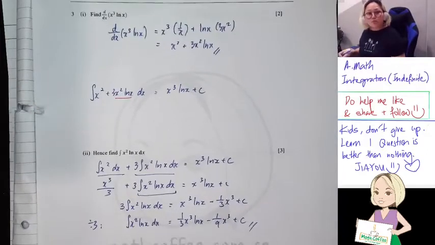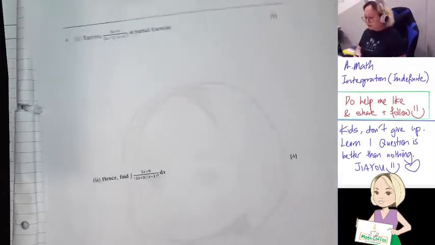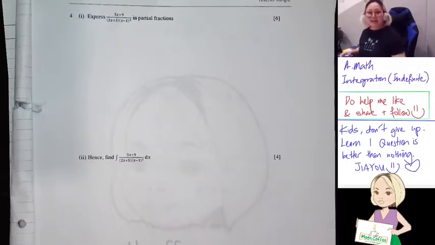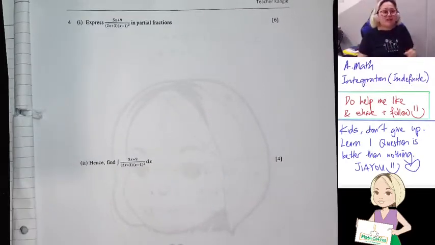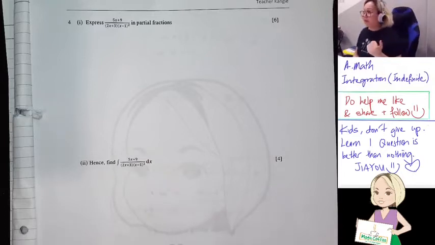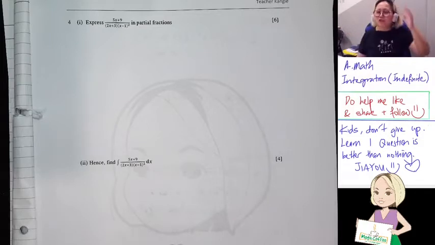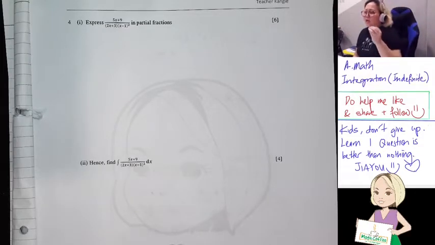Okay, so now let's move on to the next question. And now, partial fractions. Partial fraction is a topic whereby they teach you in Set 3 AMath. I think a few TikTok lives ago I taught about partial fractions. So basically you are splitting a single fraction into individual fractions.